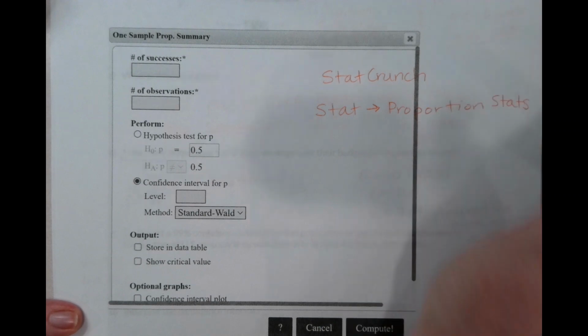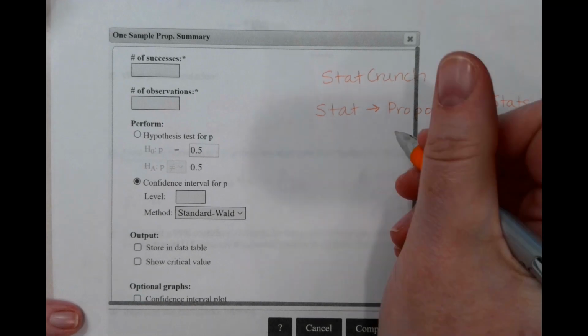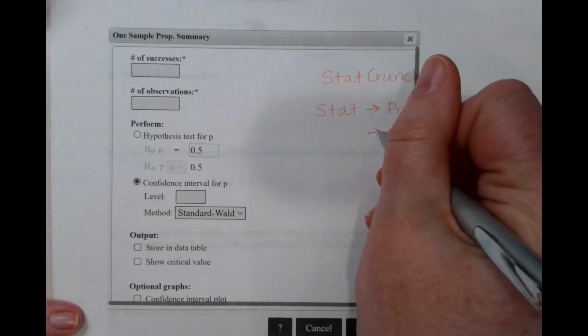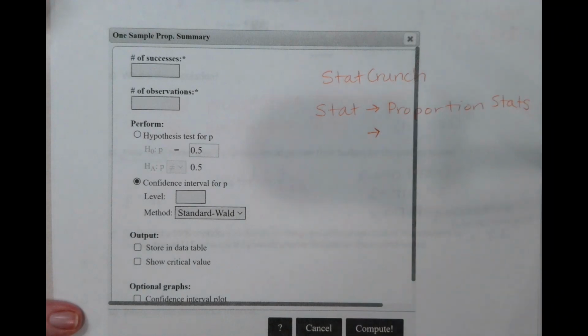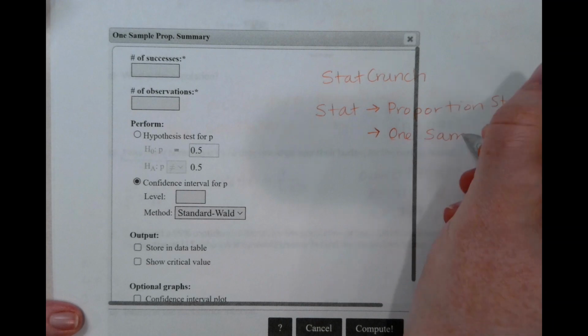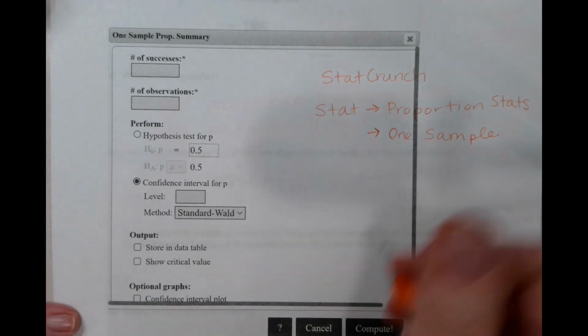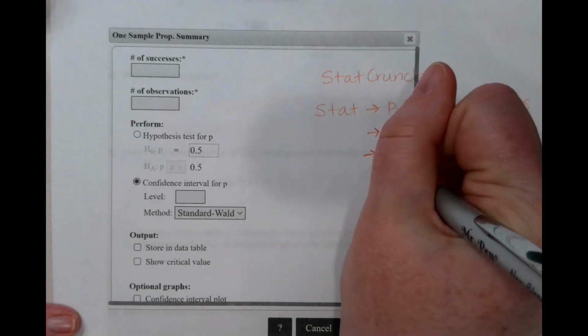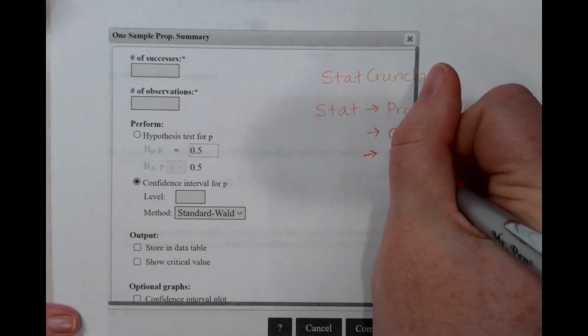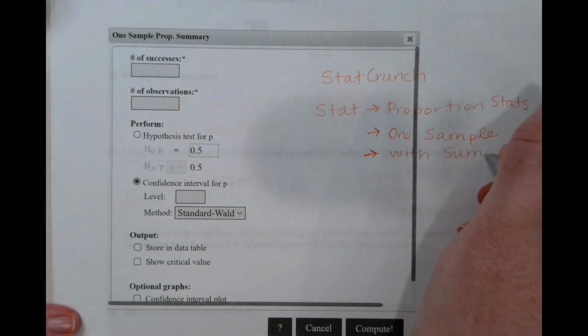When we were doing confidence intervals for a mean, we were using these stats. For either, we're only going to be looking at one sample. And then for proportions, we're only going to have the summary.